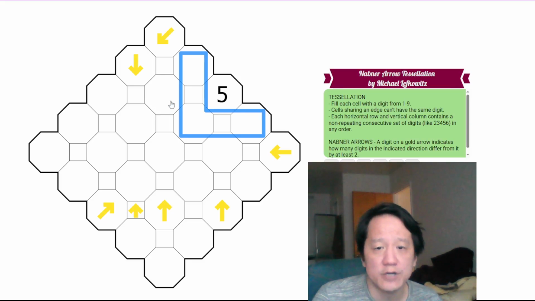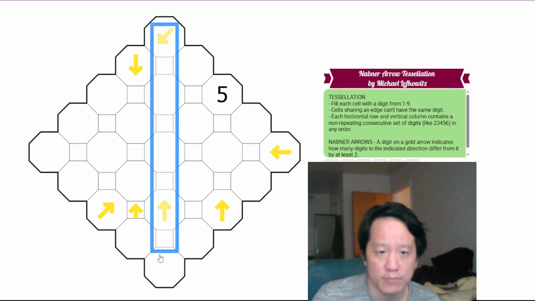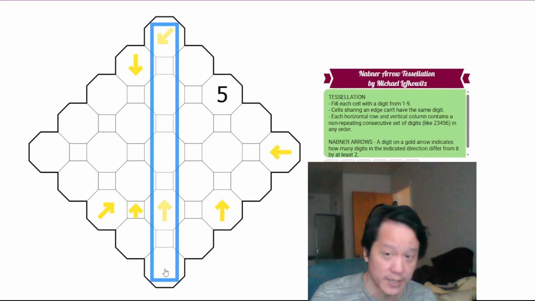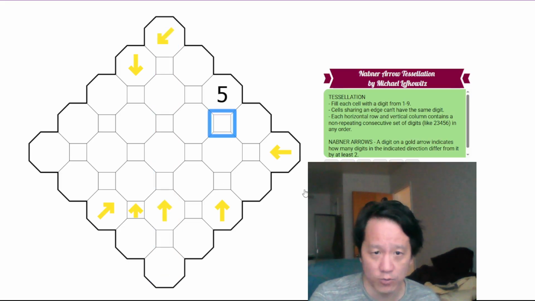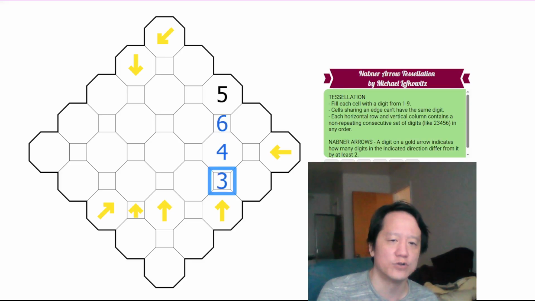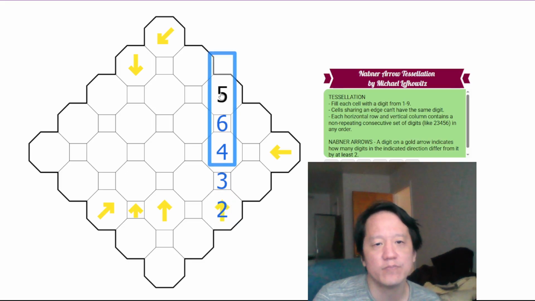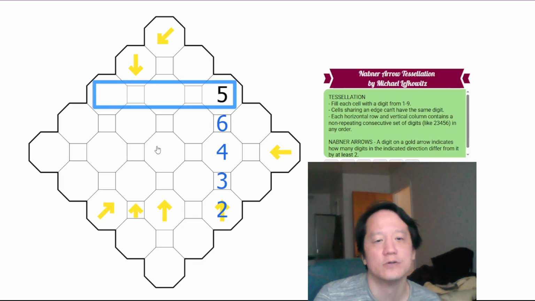Each horizontal row and vertical column contains a non-repeating consecutive set of digits like 2, 3, 4, 5, 6 in any order. So you could have something like 6, 4, 3, and 2 here in column 7. Or you could have it also possibly here in row 3.